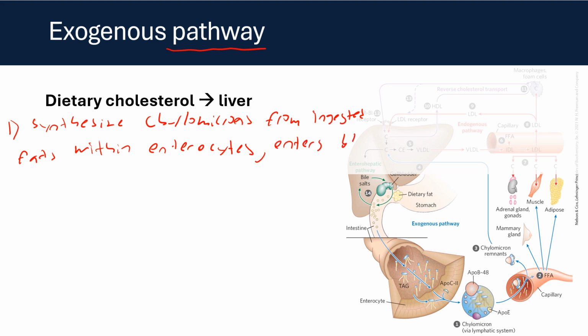And here is a visualization of this process where we have a stream of ingested fats entering the intestine. Then a combination of mechanical and chemical digestion is going to break apart those fat globules into basically a mixture of fatty acids and cholesterol.